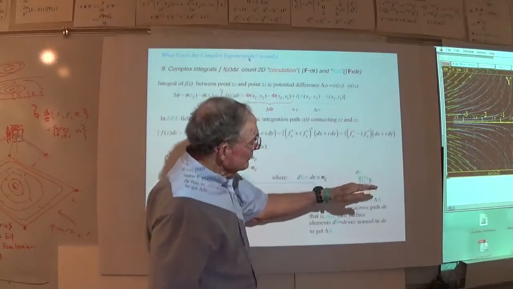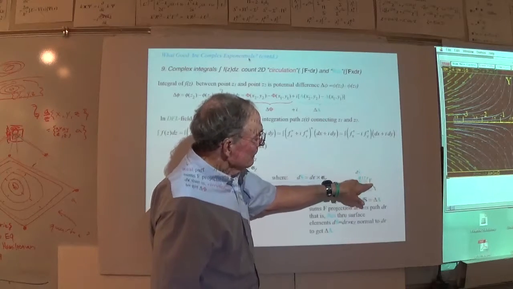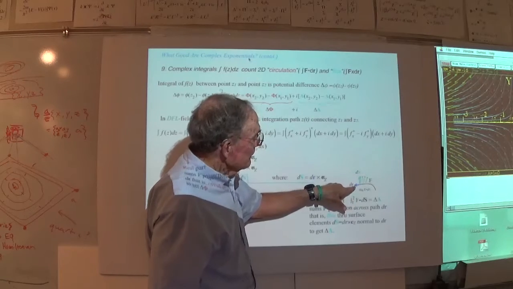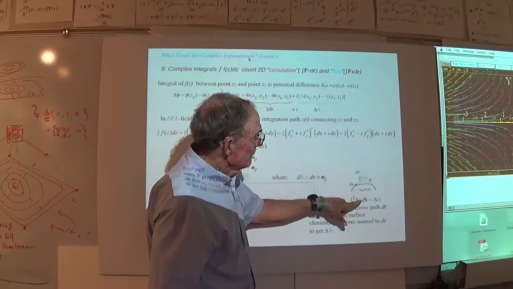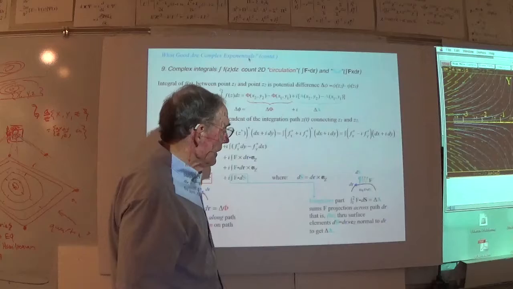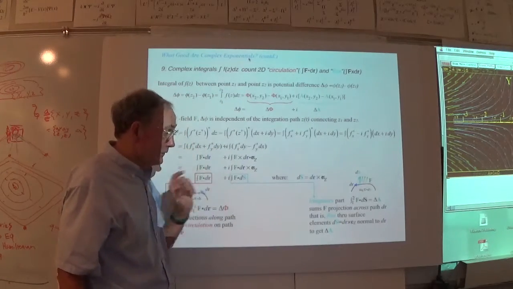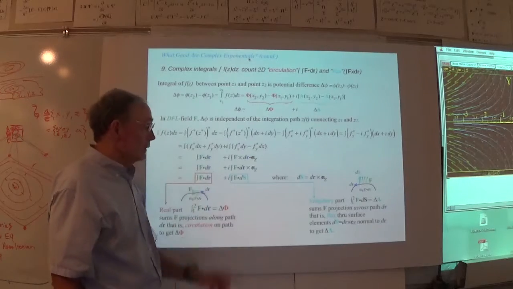So, a little surface coming out of the screen here, unit height, differential length, being integrated over to give that. So the imaginary part of this integral is the flux integral. This is just the line integral.